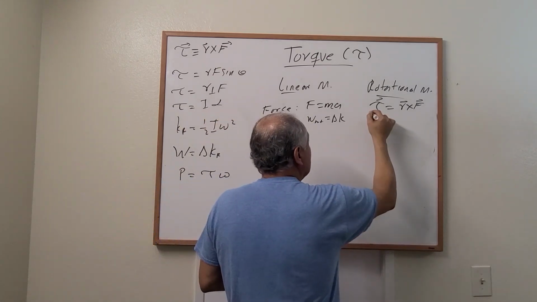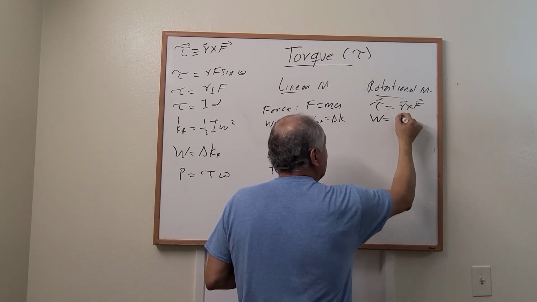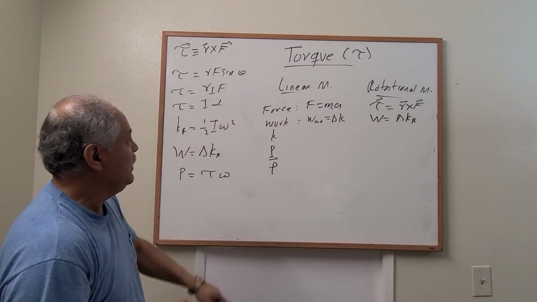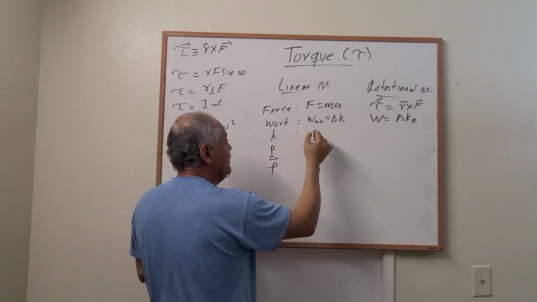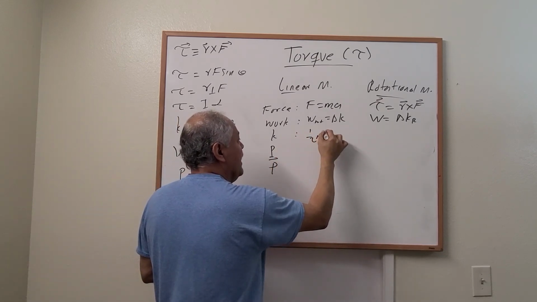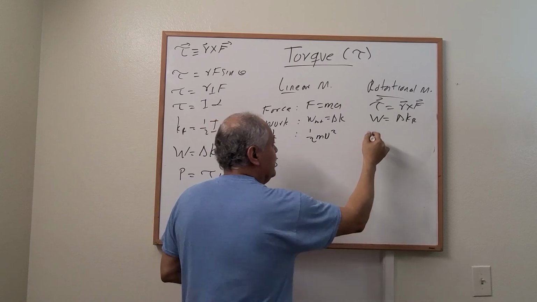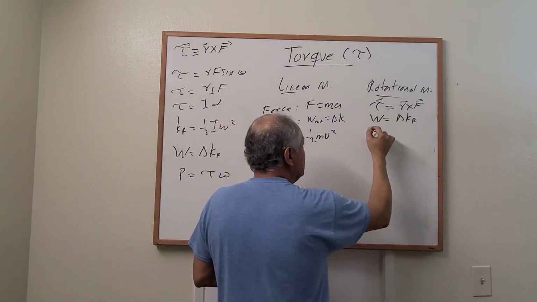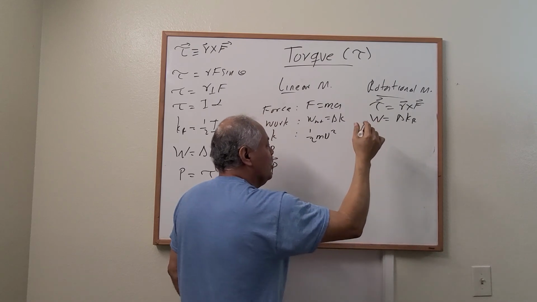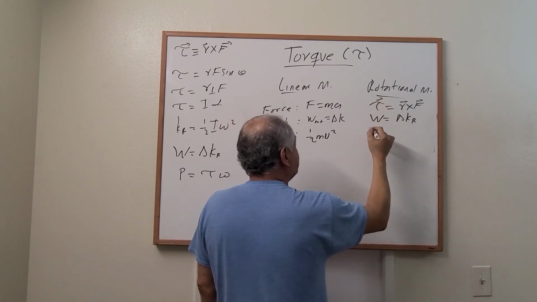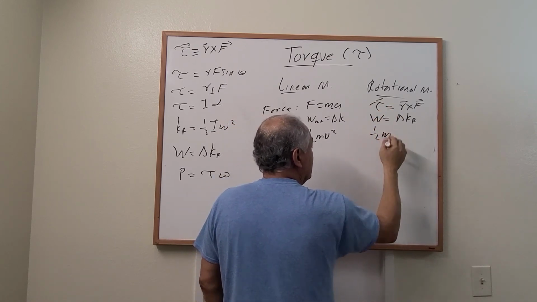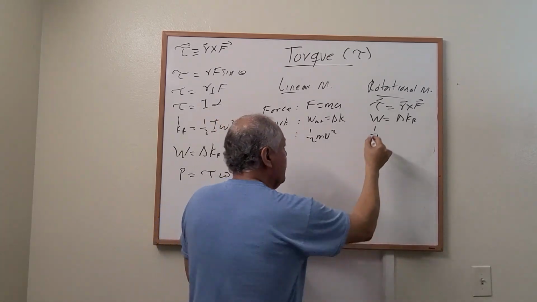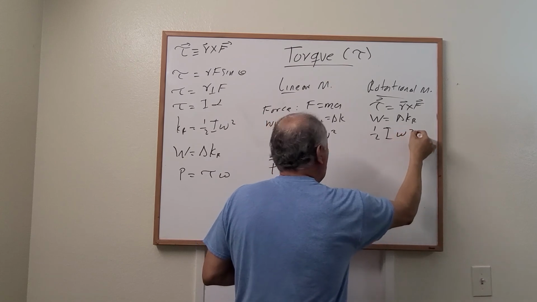Right here, we found that work equals the change in the rotational kinetic energy. But what about kinetic energy? We know that it equals 1/2 m v squared. In the rotational case, kinetic energy equals 1/2, not mass, we use moment of inertia, times omega squared.